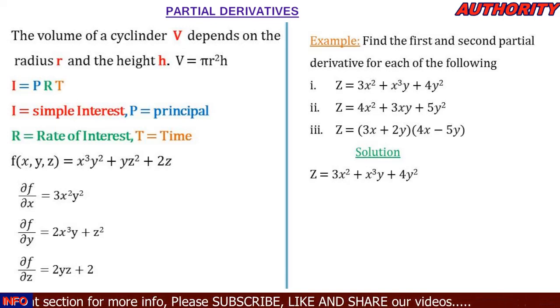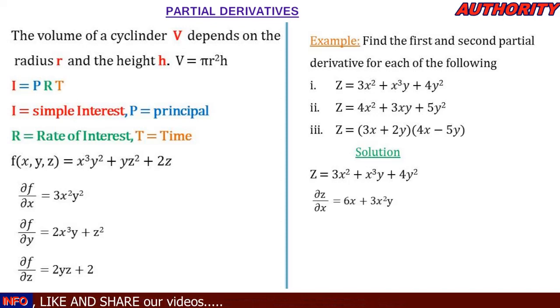Every other variable, we take it as a constant and then differentiate x as x. Okay, now let's go. In 3x squared, when we differentiate with respect to x, we're going to have 6x. Is that true? Yes.